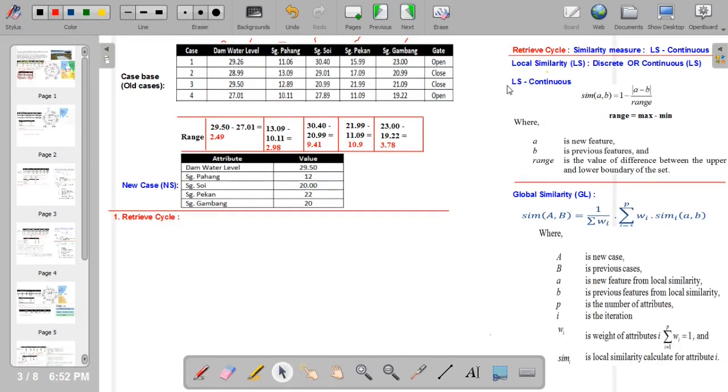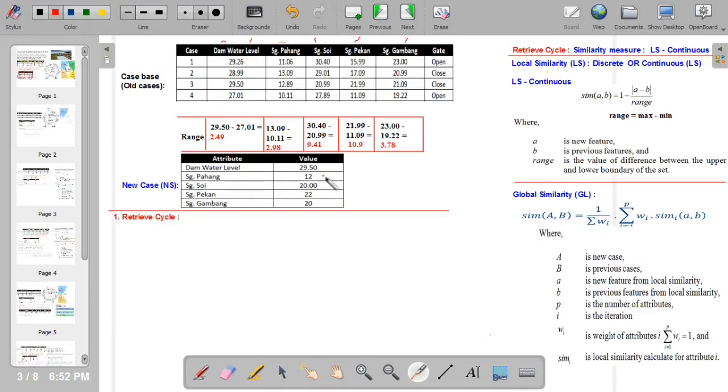So now let us calculate the local similarity for the attribute values of the new case with case 1. Meaning that we are going to find the similarity degree for each of the attribute values of this new case with the attribute values of case 1.